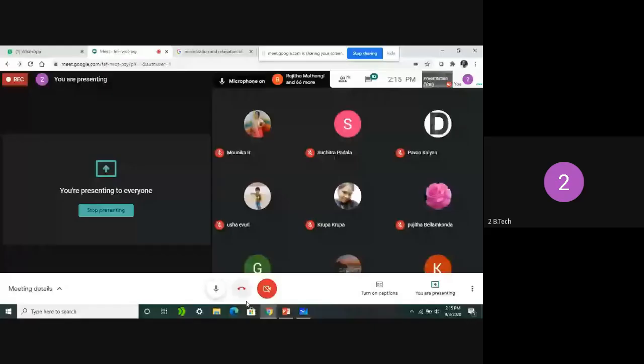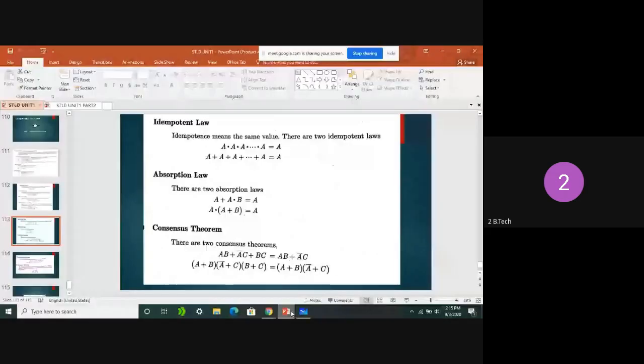If the same value is repeated any number of times, at the output we get the same value. That is, A dot A dot A dot A up to infinity gives the same value.